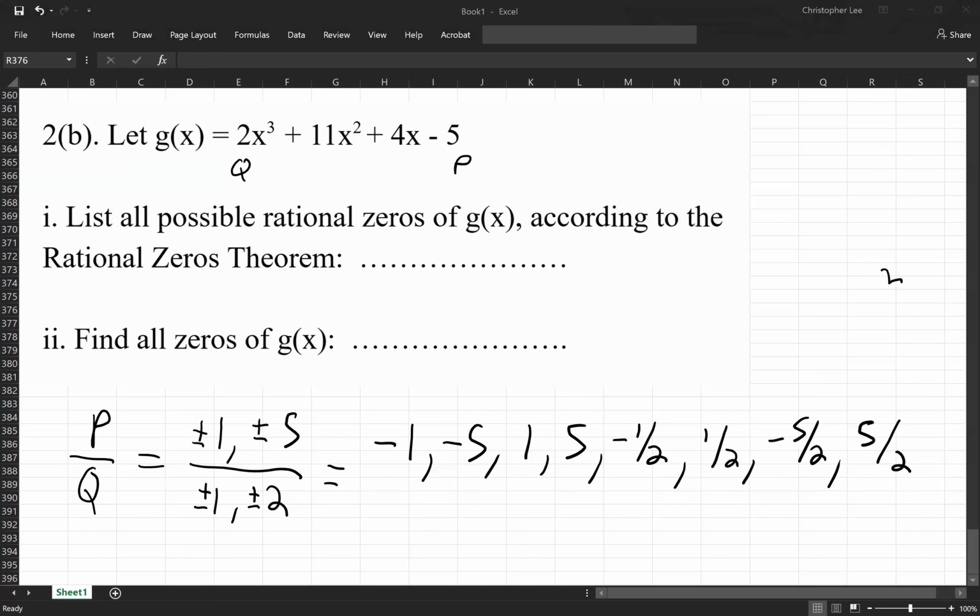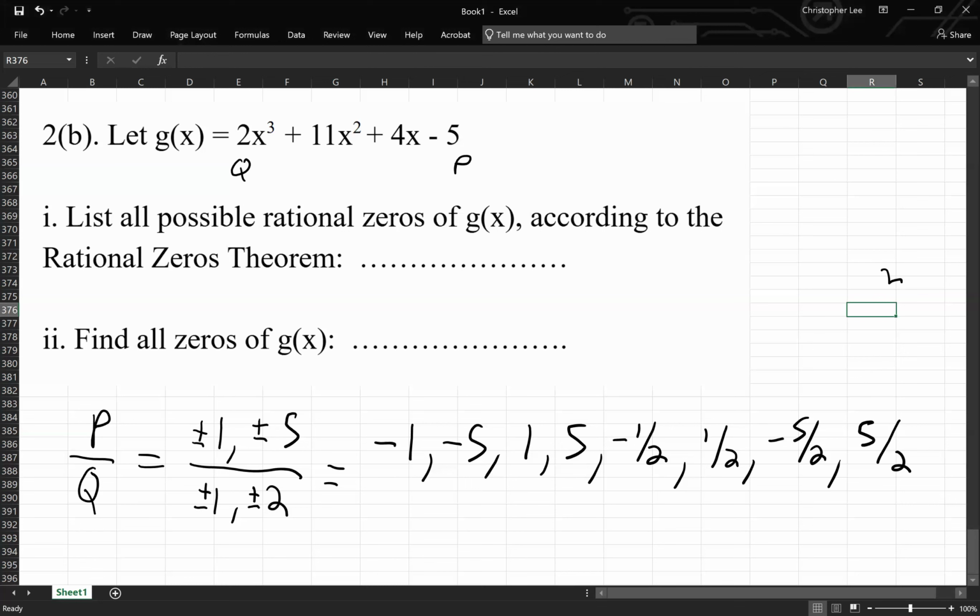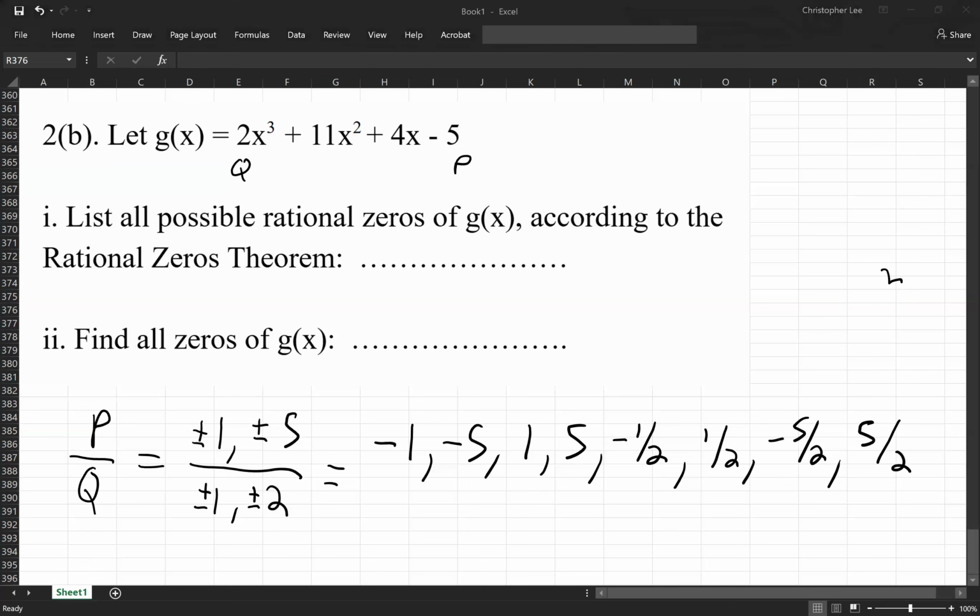Once again, on your regular calculator, you could do this on the table as well. All right, 4x minus 5.